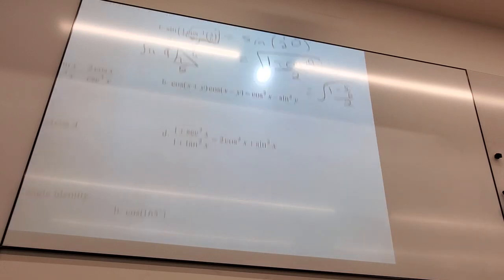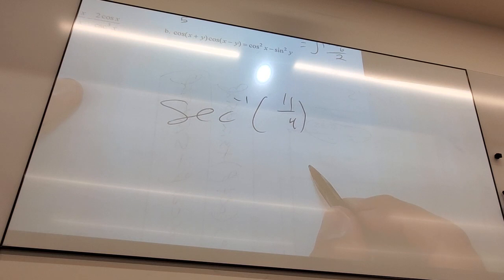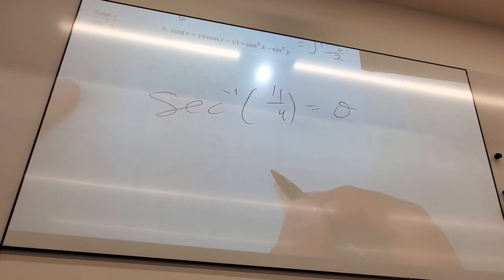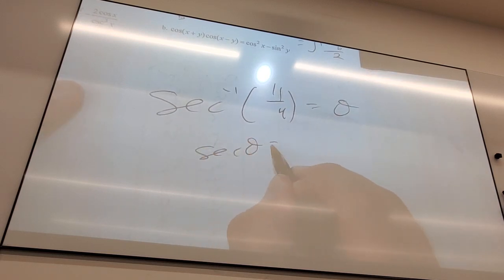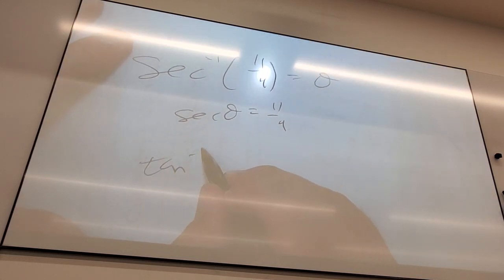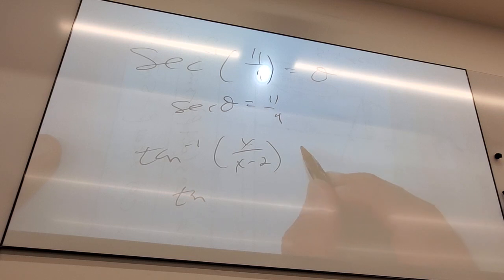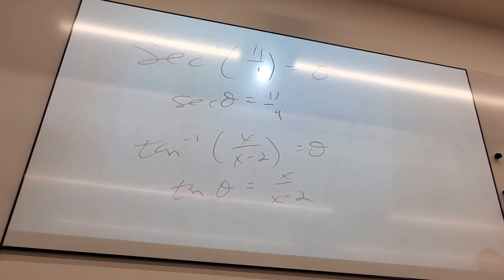Do you guys understand? If I say inverse secant of 11/4, that's an angle, correct? What's the secant of the angle? 11/4. Bam! If I tell you inverse tangent of x over x minus 2, what is the tangent of that angle? x over x minus 2.